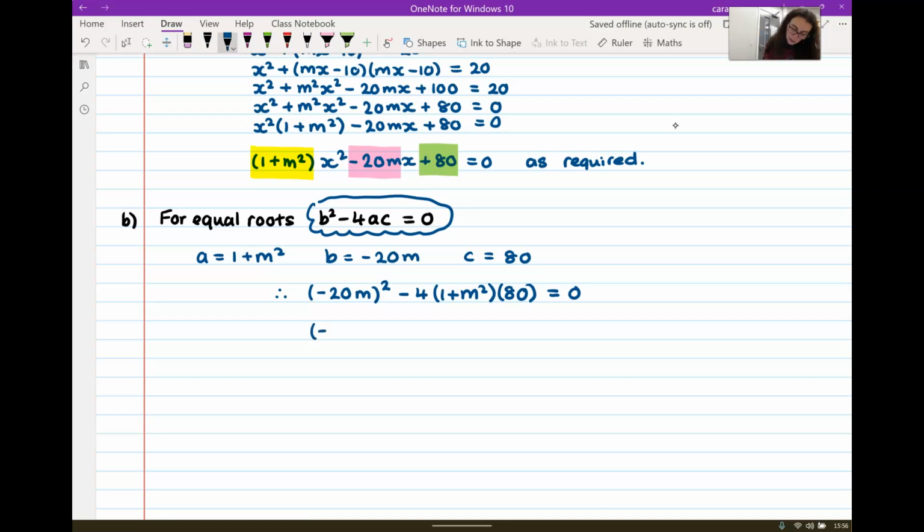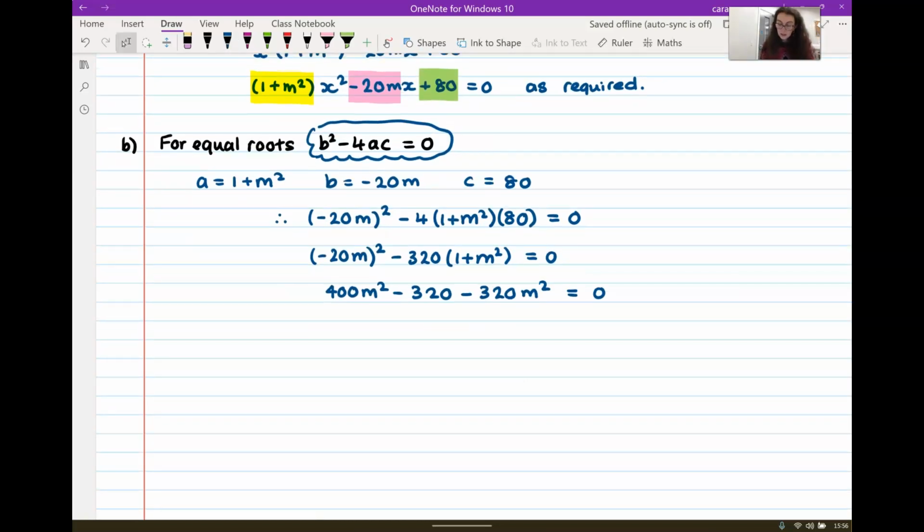Now, before I do any multiplying out brackets, I'm just going to make this a little bit nicer. I know that −4 times 80 is −320, lots of (1 + m²). And then I'm just going to multiply out the brackets. Now I'm going to get 400m² here, subtract 320, subtract 320m², and that's going to equal 0.